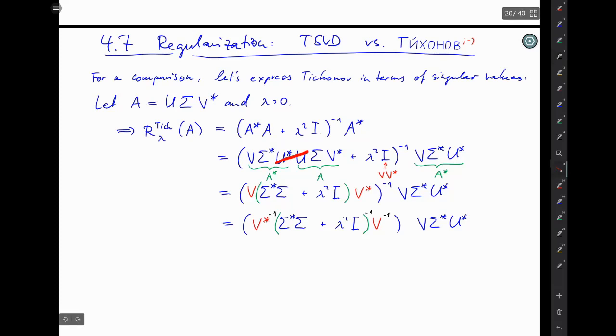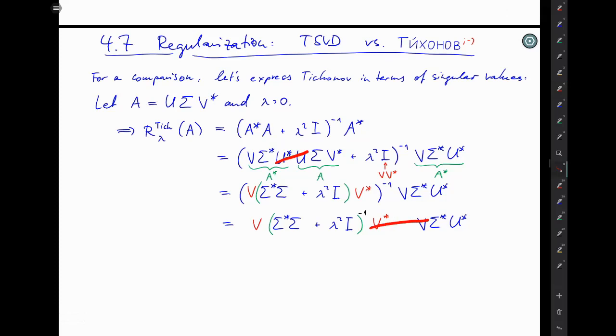But the inverse of V is just V star, and the inverse of V star is just V. And I guess there is not much we can simplify about that term here. But by associativity we can clearly erase these blue brackets. And then notice happily that again V star and V meet here and cancel.